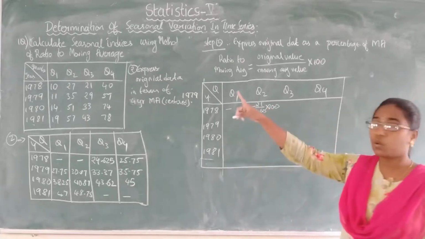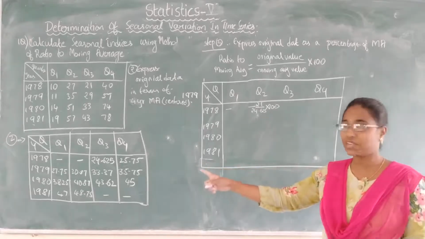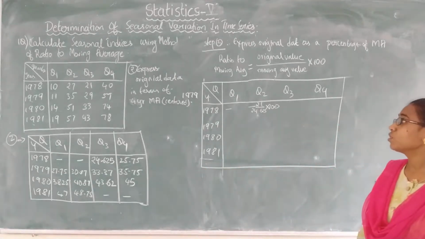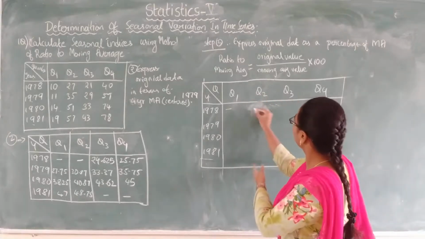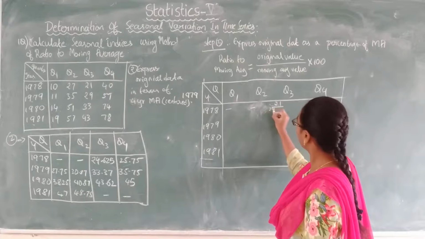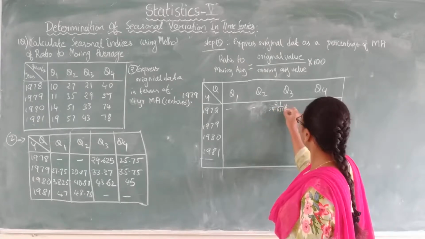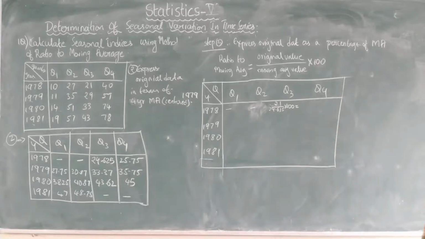Make sure the original means the question value divided by whatever the moving average we got, into 100. If you solve this, you will get 85.29.